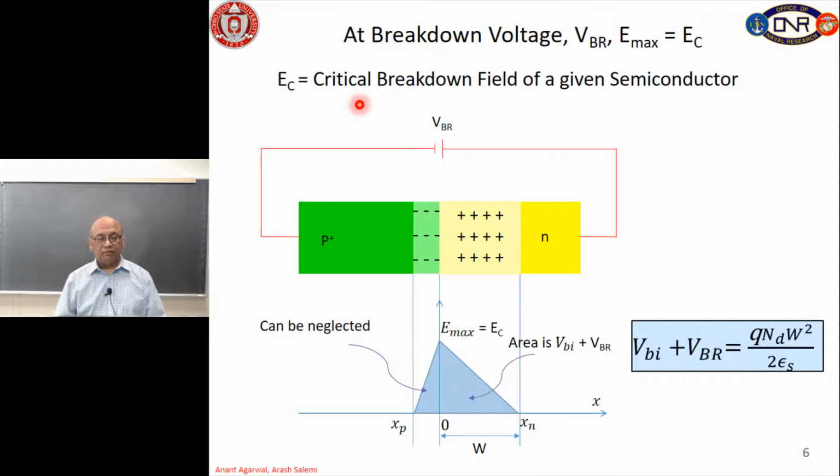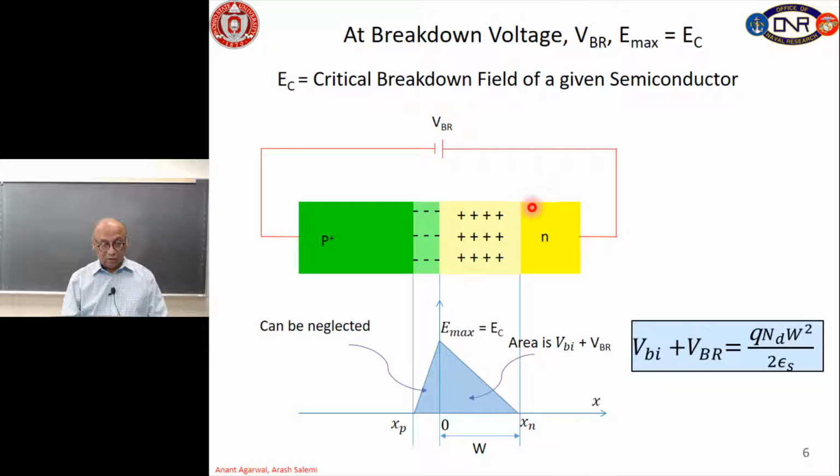And when the maximum field in the reverse bias junction reaches the critical breakdown field EC, then we say that this semiconductor is breaking down due to avalanche. So, please understand this is an oversimplification of the real avalanche breakdown, but this allows us to estimate the breakdown voltages of various junctions of different dopings and thicknesses.